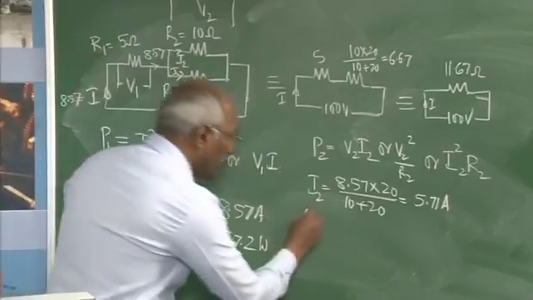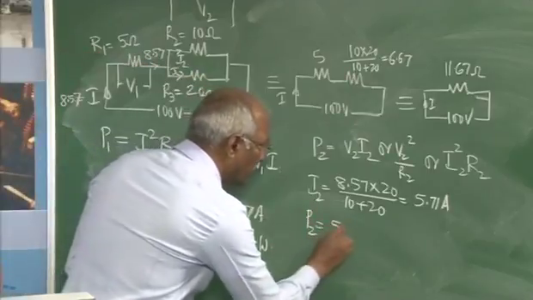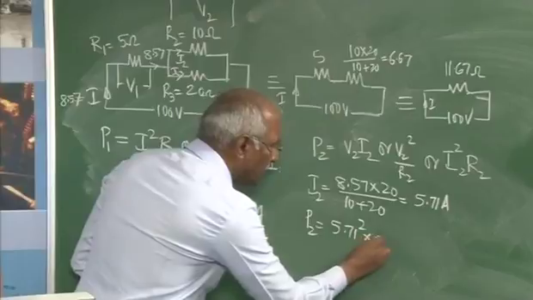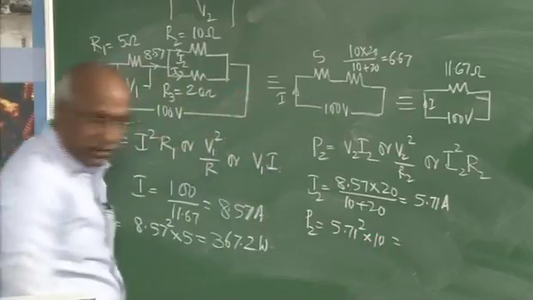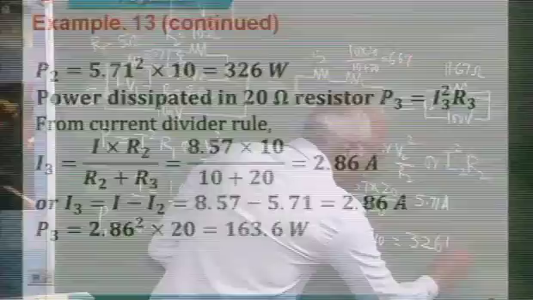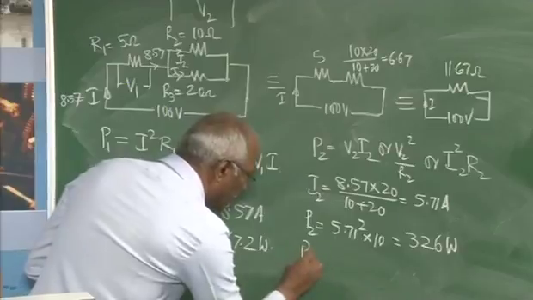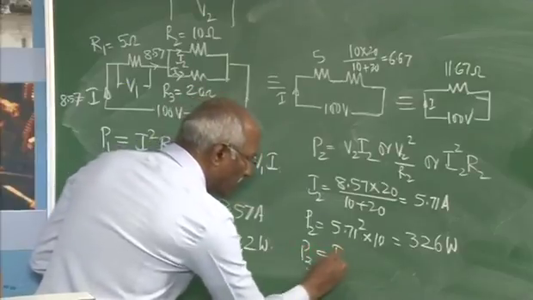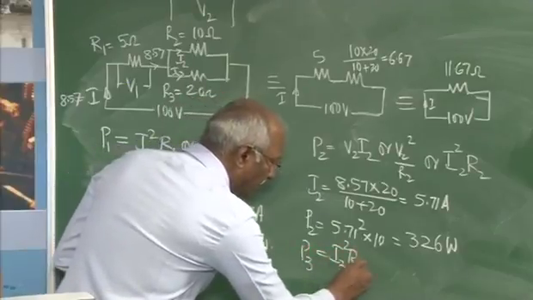Once I get this, P2 will be equal to 5.71 square into this, which works out to 326 watts.